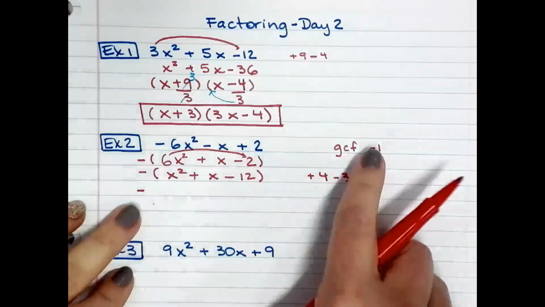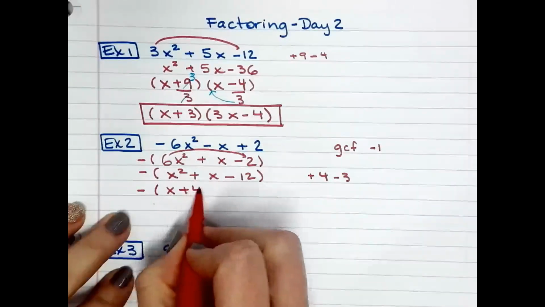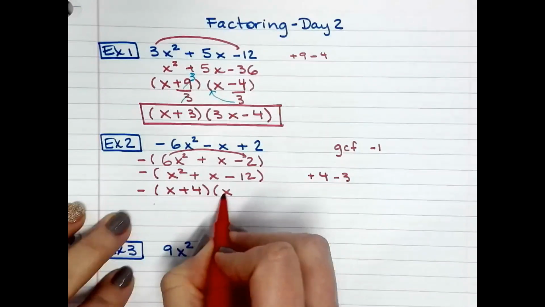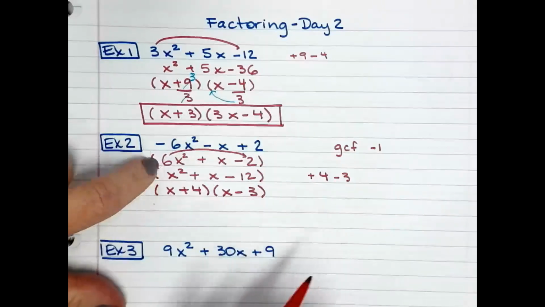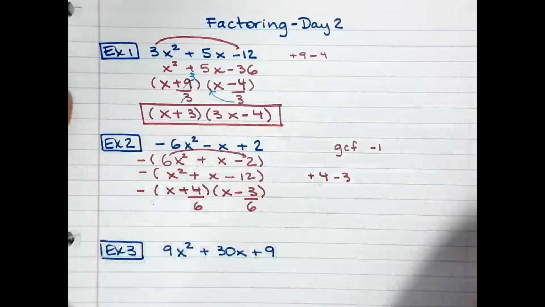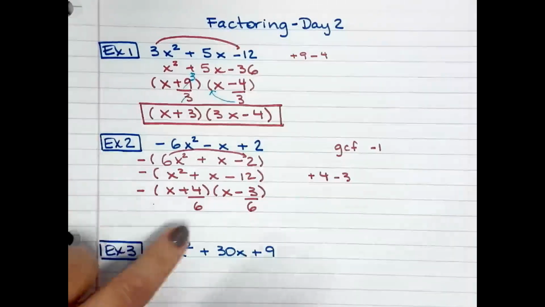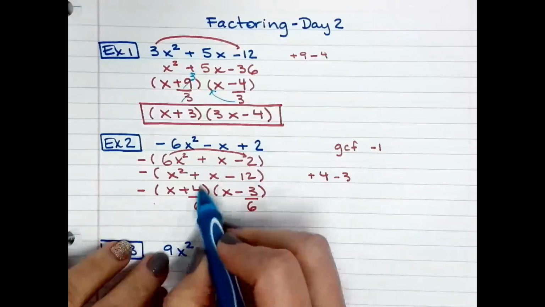Okay, so the negative 1 from your GCF doesn't go away. I have x plus 4, x minus 3. Okay, because we multiplied by positive 6, I have to go back and divide by positive 6. Okay, but before you can bring it up, you have to simplify the fraction. Always, always, always simplify the fraction.